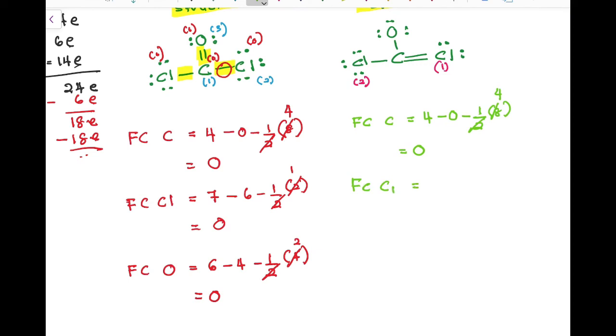Okay, again, the formal charge for chlorine number 1. Chlorine number 1 first, 7 minus how many lone pair around it? This one, chlorine number 1, right? 4 minus half of 4, become positive 1. And what about chlorine number 2? Formal charge chlorine number 2, 7 minus 6 minus half times 2, become 0. And the last one is oxygen.